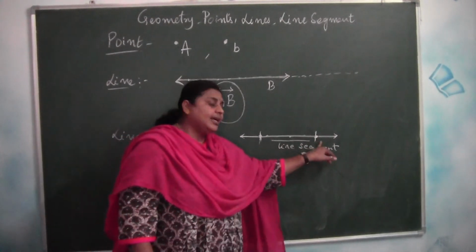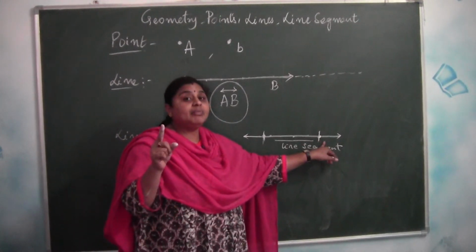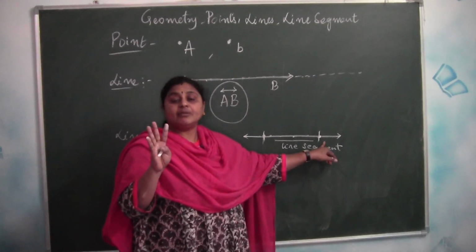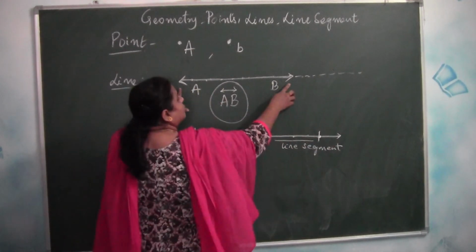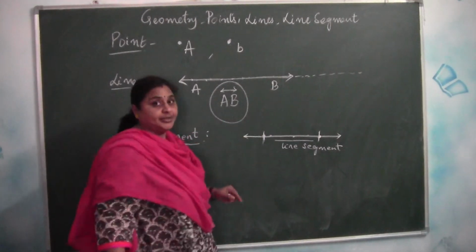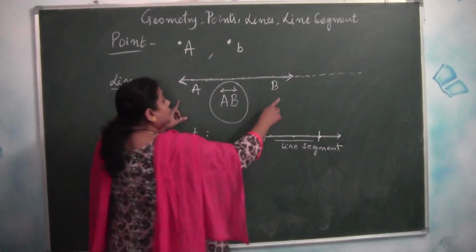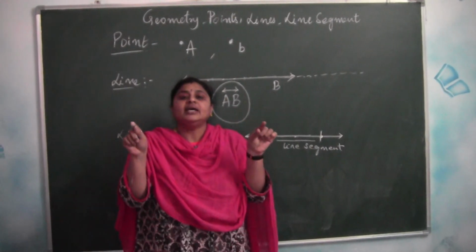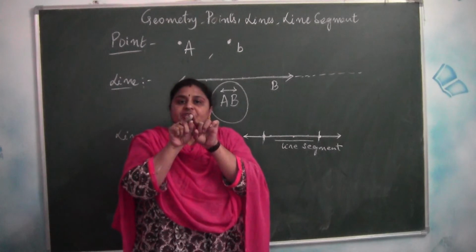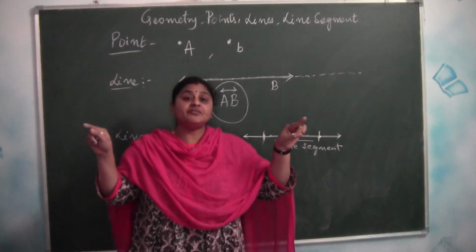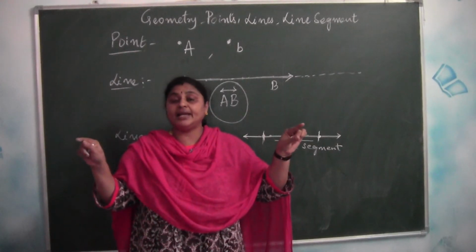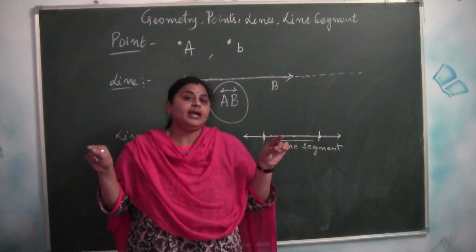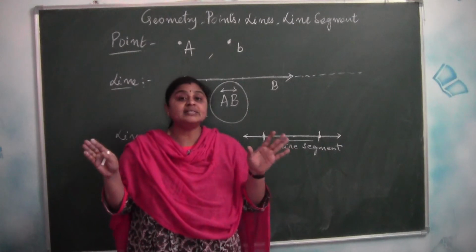Starting point, ending point. But for a line, there is no ending point or starting point. Why? Because we have marked two arrow marks here. Those two arrow marks say that the length of the line can be increased. So when we are increasing the length of the line, will there be a starting or ending point? No. And the length of the line is indefinite.